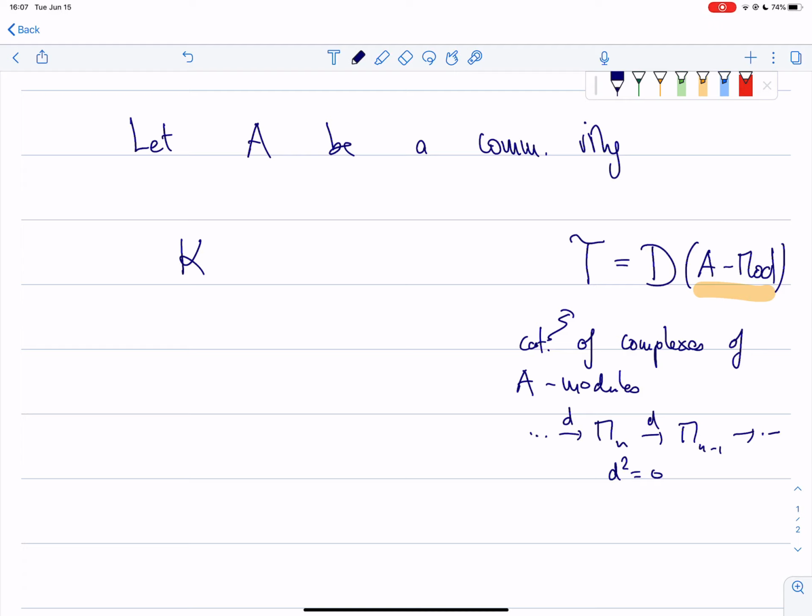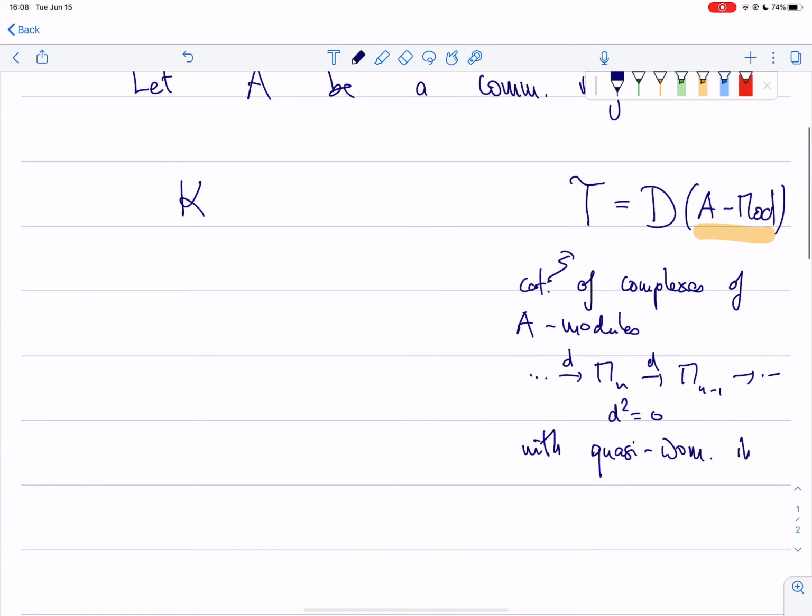But with one peculiarity of the derived category, that we invert the quasi-isomorphisms, that is the maps which induce an isomorphism in homology, and so you invert them.